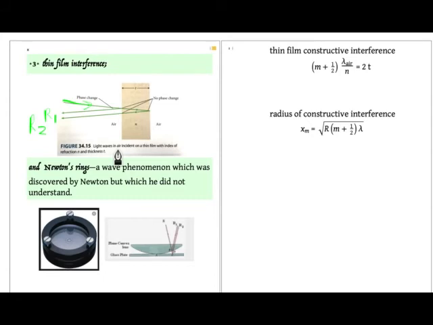So here's a figure from the textbook. Light waves in air, incident on a thin film. I said a little piece of glass, but it could be a little film of any material. It could be a little film of oil, for example.